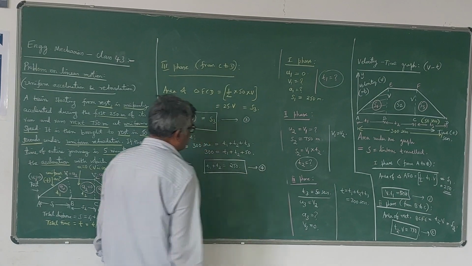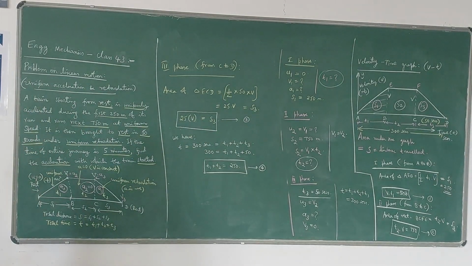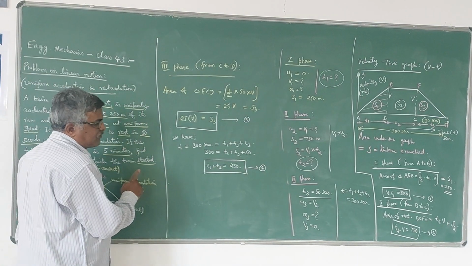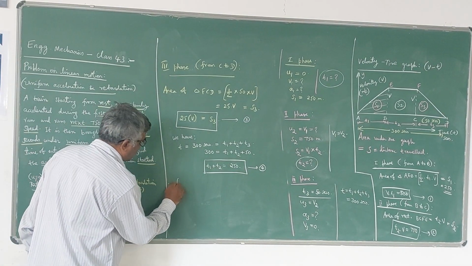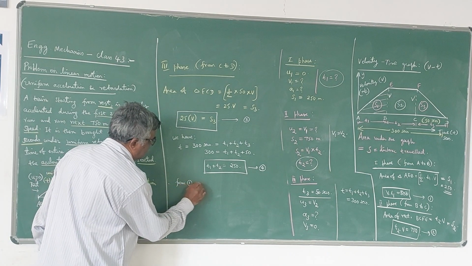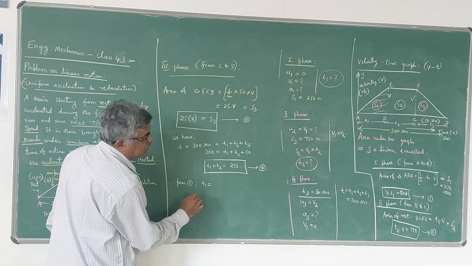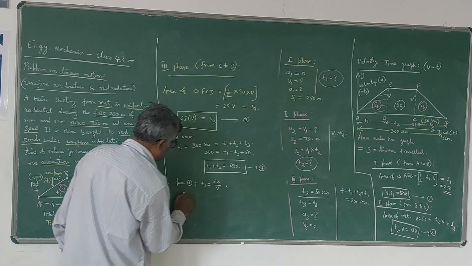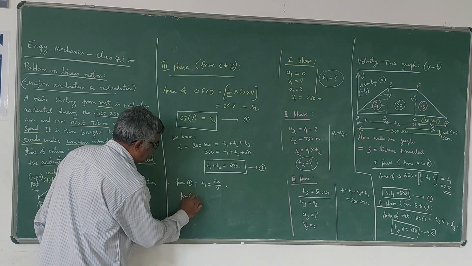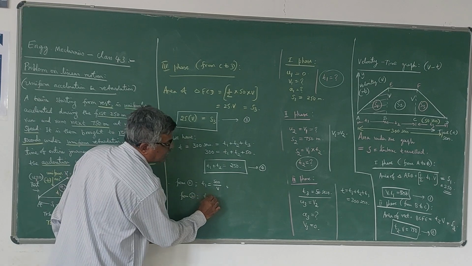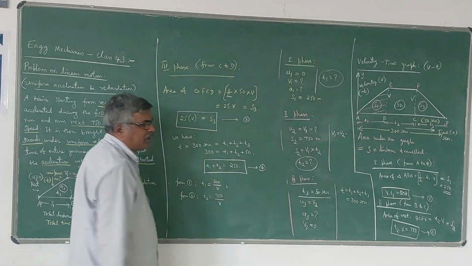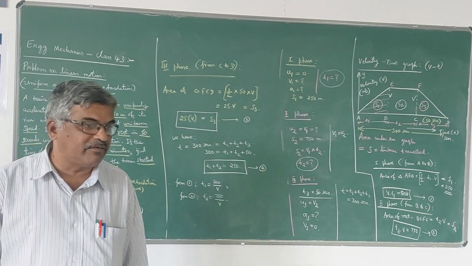Now let us see how we can solve this. Now from equation 1 and 2, you can get an expression for T1 and T2. So from equation 1, what is T1? T1 is 500 divided by V. And from equation 2, T2 is 750 divided by V. Now that means both these T1 and T2 can be replaced by V now.